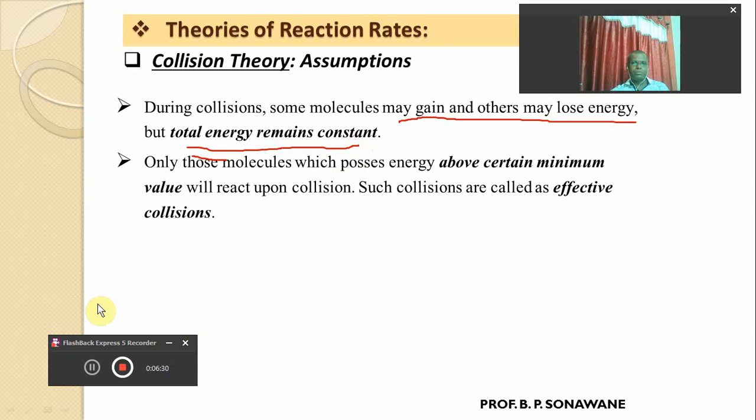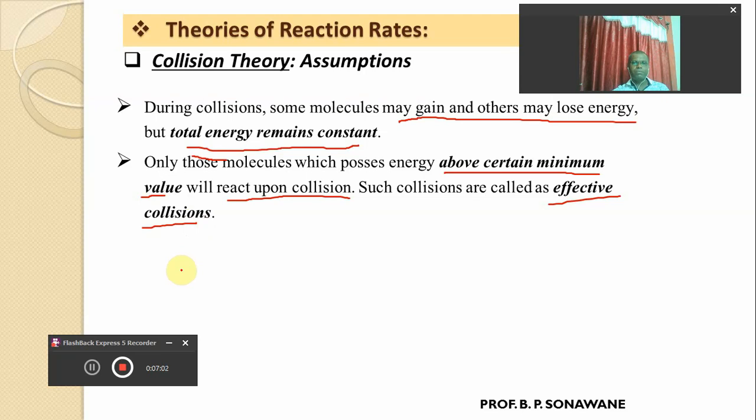And only those molecules which possess energy above a certain minimum limit will react on collision, and such collisions are called effective collisions. So it's very important how much energy the molecule has after the collision, and that value must be above a certain minimum value, which we call the energy of activation.